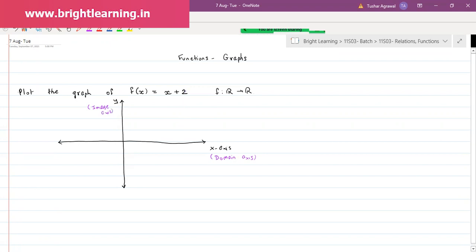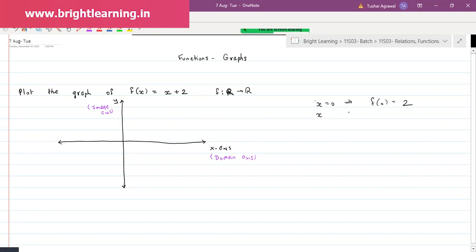So let's say f of x is equal to x plus 2. Can you see that the domain of this function is the complete set of real numbers? First of all, check that this mapping is actually a function. If you take x equal to 0, what will be f of 0? The image of x equal to 0 will be the point 2.